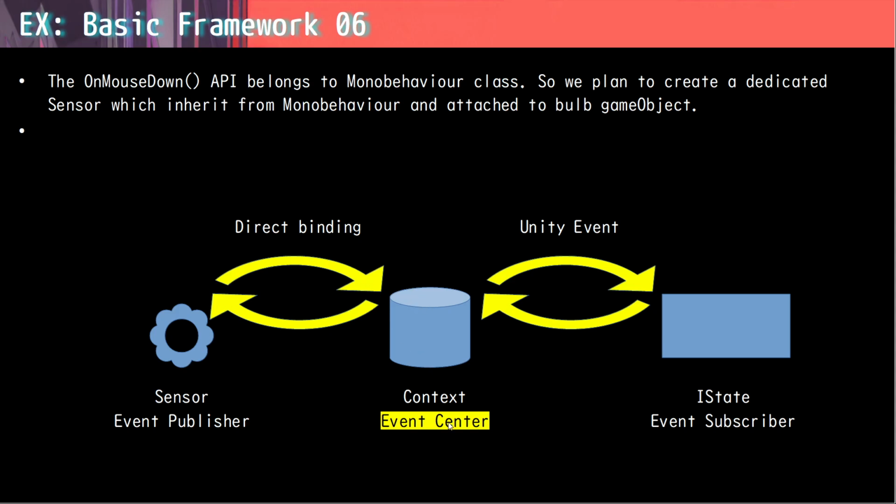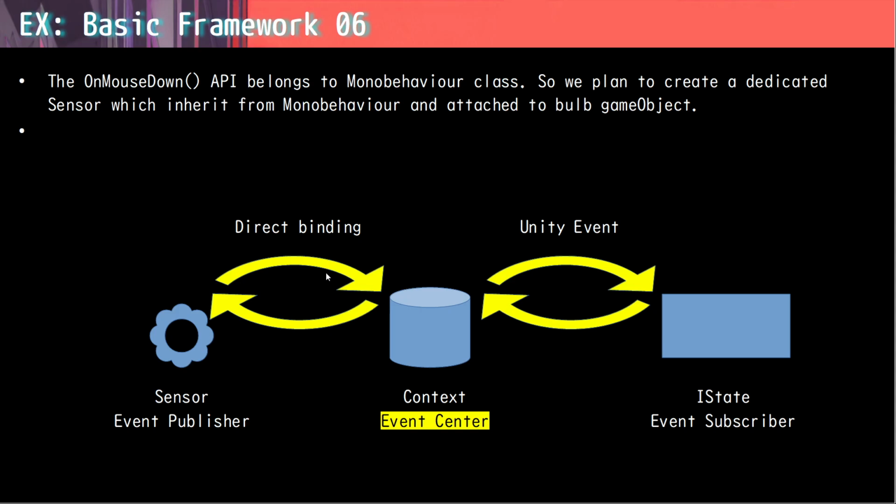You just call the event center, and the event center will invoke the corresponding event. So it's the duty of the subscriber to subscribe to the center what should be the response whenever somebody is clicking the bulb. So this is the structure of the whole thing.